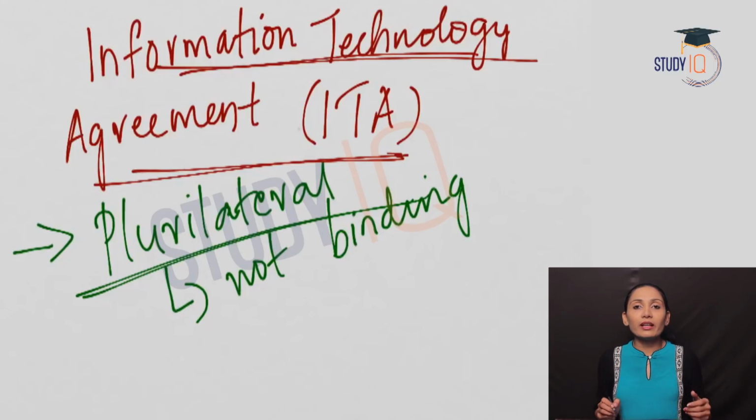The second thing to be noted in this Information Technology Agreement is that it deals with information technology products, not services. So only IT products are included in this agreement.